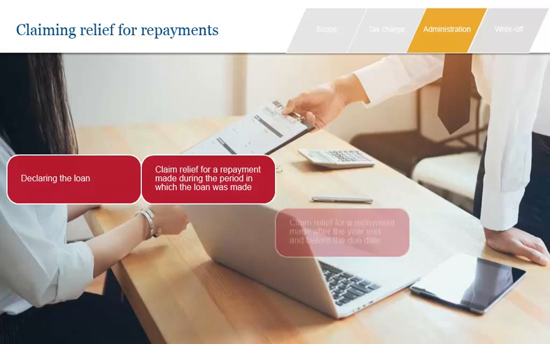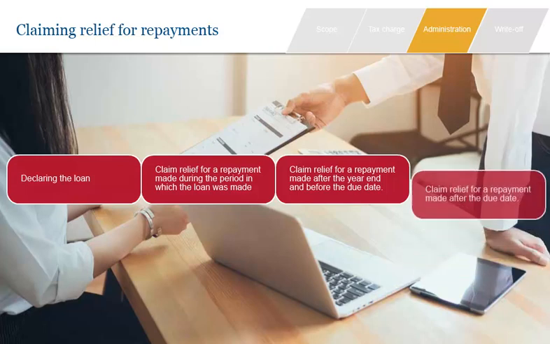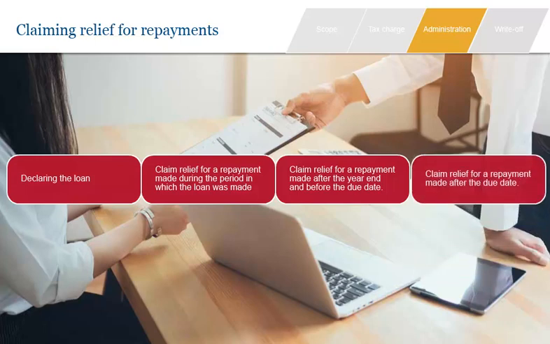You should complete Part 2 of the supplementary pages CT 600A to claim relief for a repayment made after the year end and before the due date. A claim for the refund of tax paid earlier should be made using Form LP2. There is a link to this in your notes. The due date for claiming a repayment is 4 years from the end of the financial year in which the repayment was made.